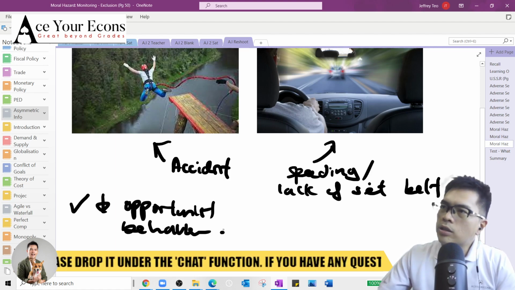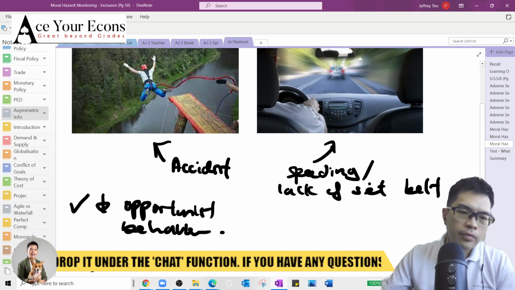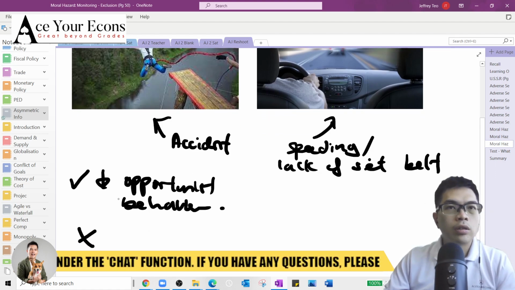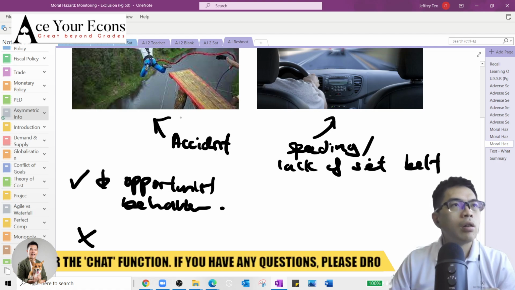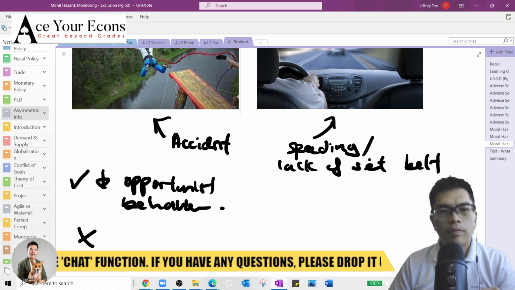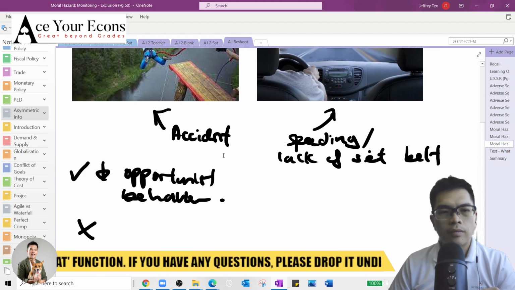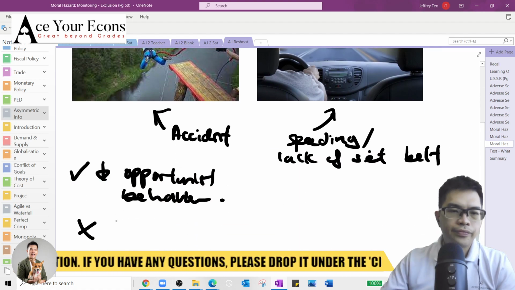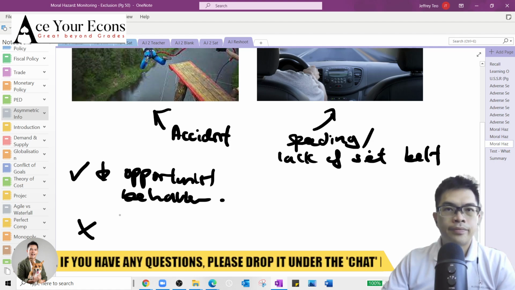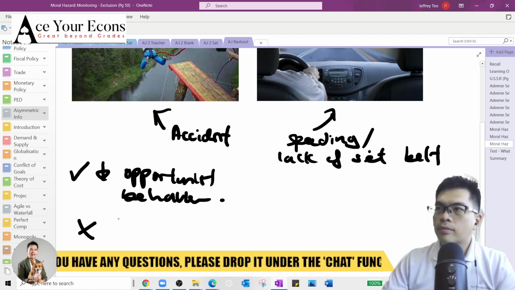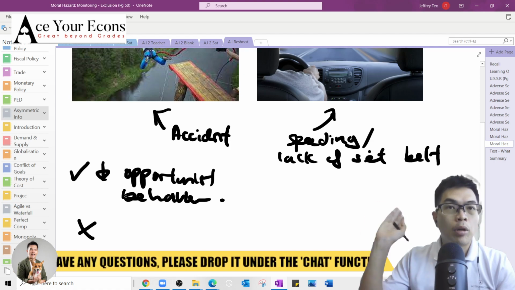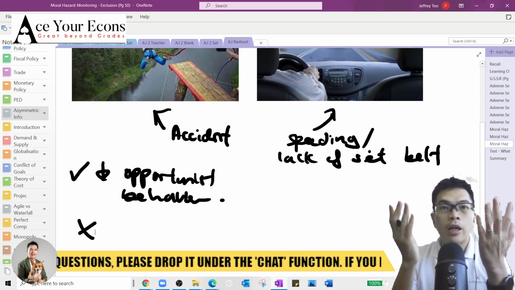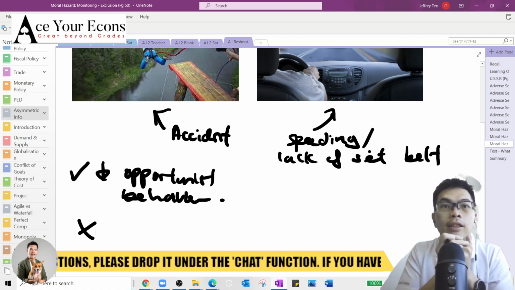Okay, the downside is what? What is the downside of this? You realize that monitoring also comes at a cost, right? How can we ascertain that this is an accident or not?